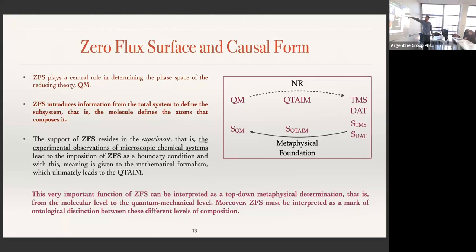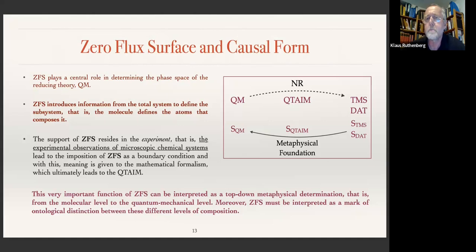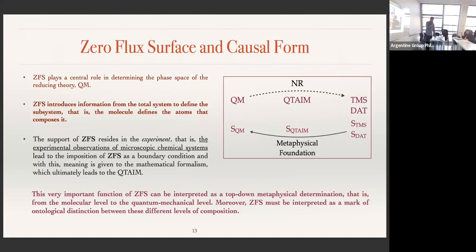I think that you are using the term substance in different ways. You are thinking of substance in the meaning of chemistry, and substance for Aristotle is an individual thing. This is a substance. I am a substance.